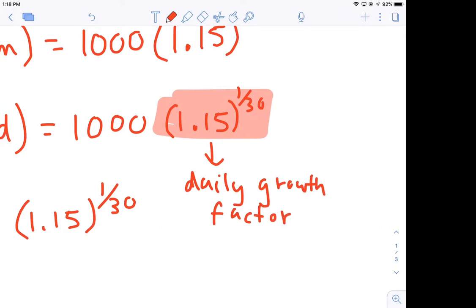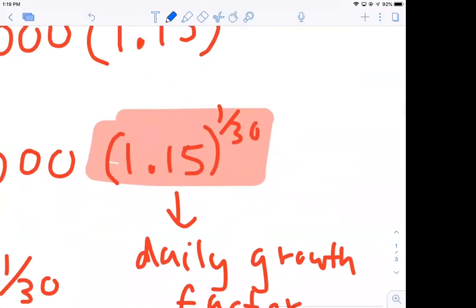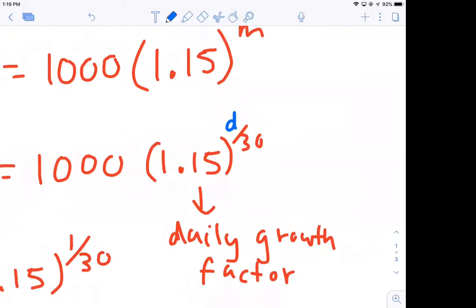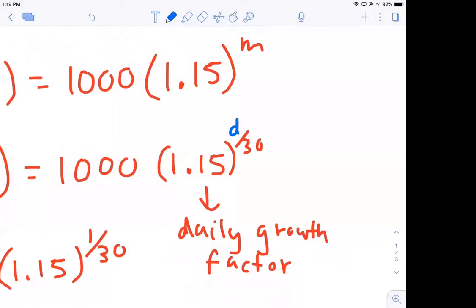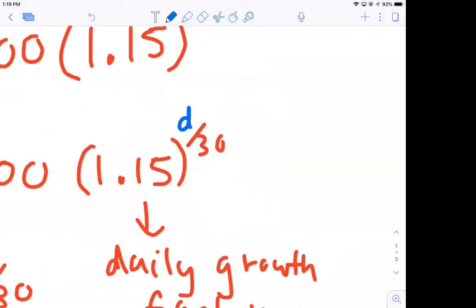So if it's the daily growth factor, then that's to the D power, for any number of days. We know when we have a power to a power, we can multiply. So I can write this as 1.15 to the D over 30th power. All right, so let's see if this makes sense.